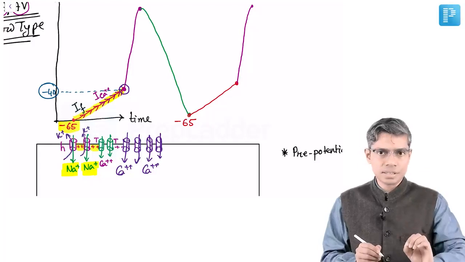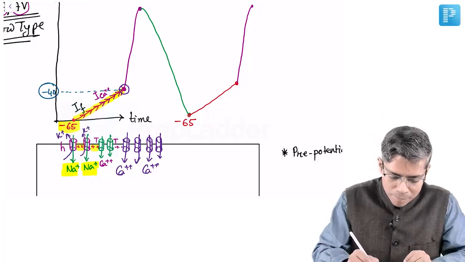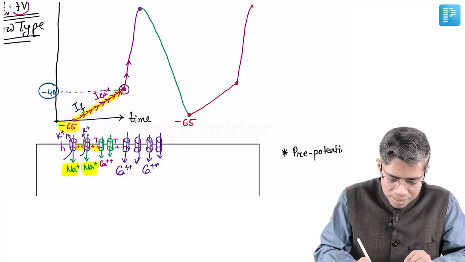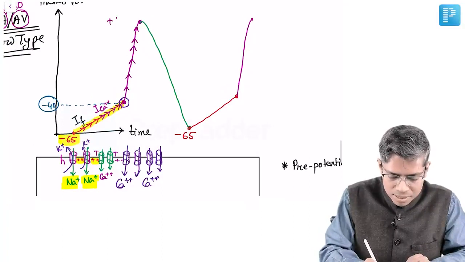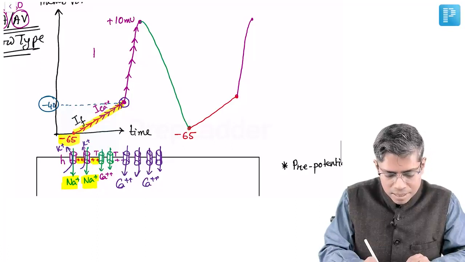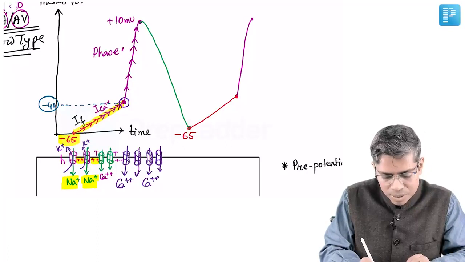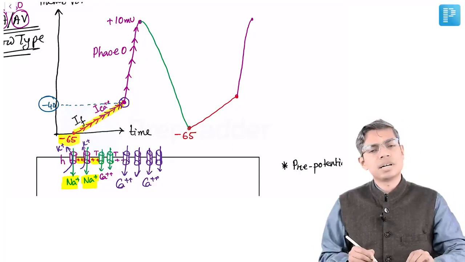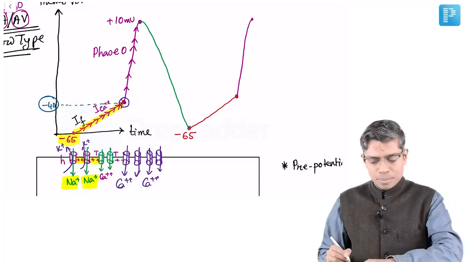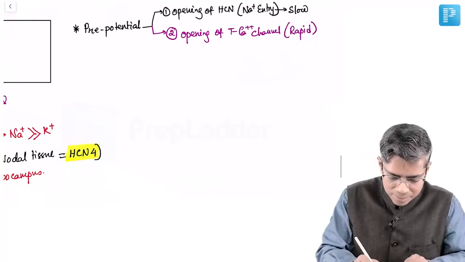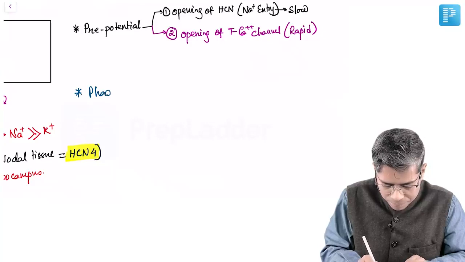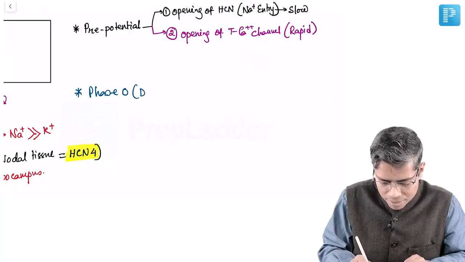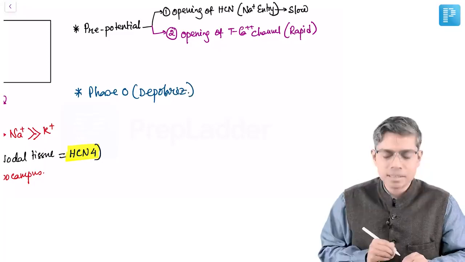Because of that slow nature, the membrane voltage will slowly rise in an upward direction up to plus 10 millivolt, and this is nothing but our phase number 0 of nodal tissue action potential. If I ask you what is the ionic basis, I'm writing here that phase number 0 is known as the depolarizing phase of nodal tissue action potential.